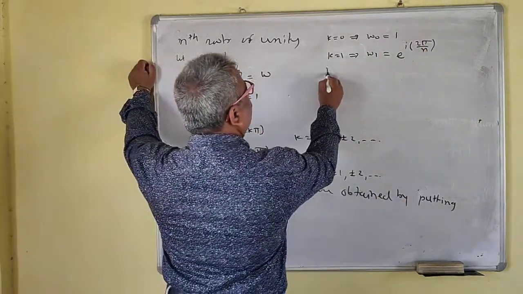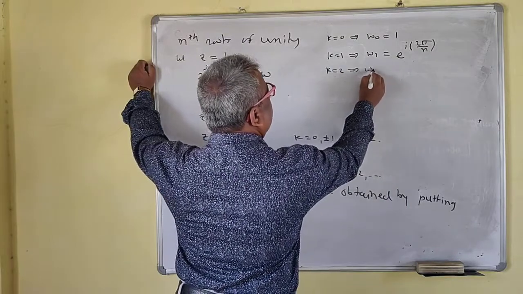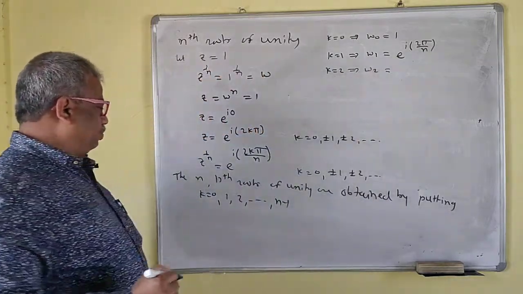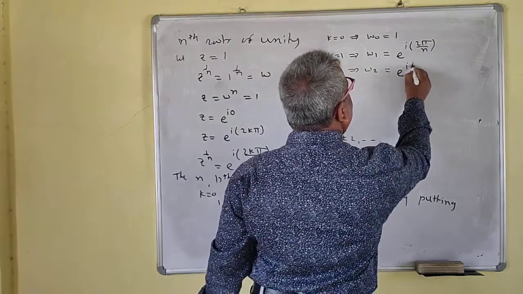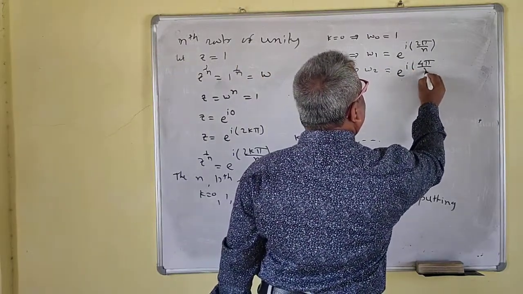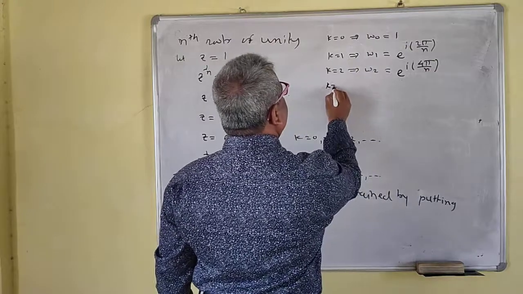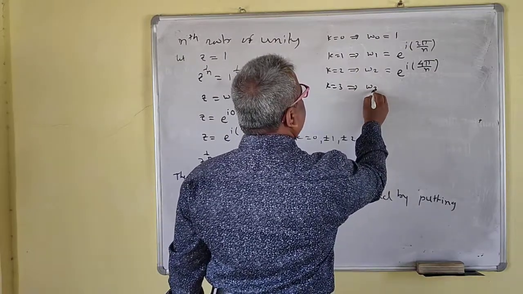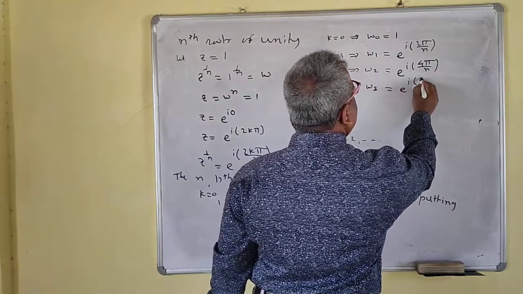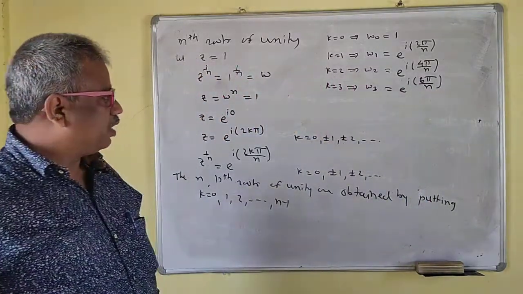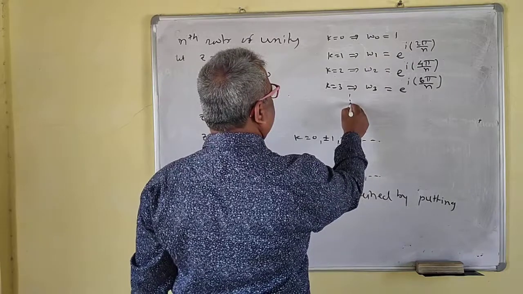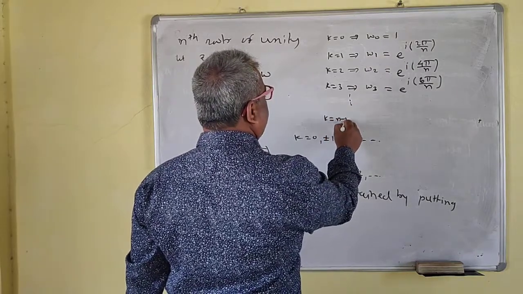We put k is equal to 2. This implies that omega 2 is equal to e raised to i 4 pi upon n. We put k is equal to 3. This will be omega 3, e raised to i 6 pi upon n, and so on. We put k is equal to n minus 1.